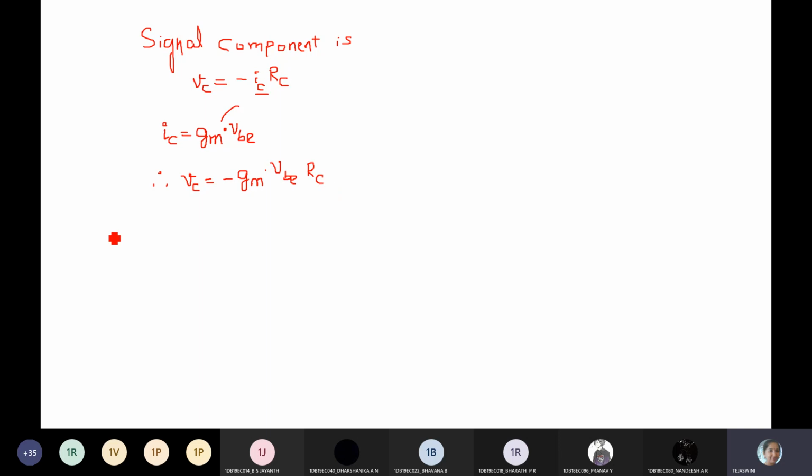Now let me find out the voltage gain of an amplifier.